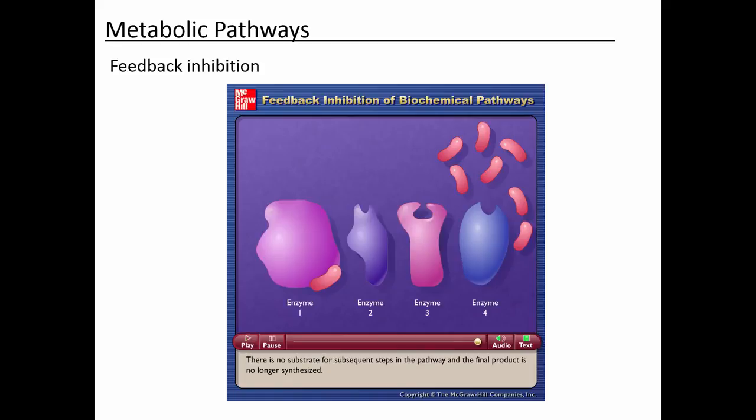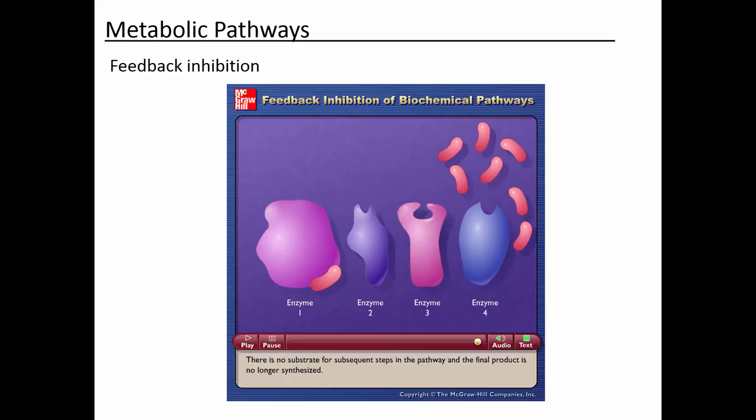Okay, so essentially what you have occurring in feedback inhibition is one of the products of the pathway goes back, that's the feedback part, and inhibits an enzyme that acts earlier in the pathway.